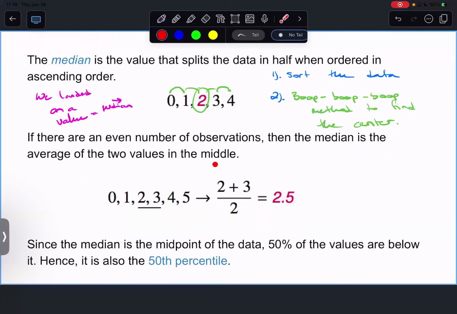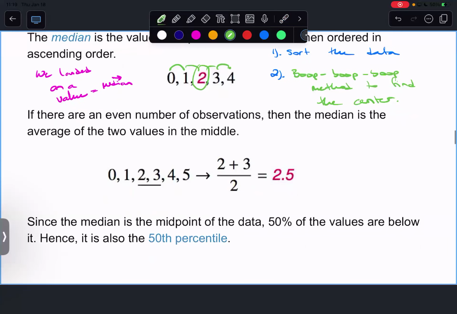Relatively straightforward stuff. The reason I highlight that is because later, when we find the quartiles, how we find those is determined by how we found the median. So in this case, if there are an even number of observations, I'm starting my boop, boop from the outside, boop, boop, boop, boop.